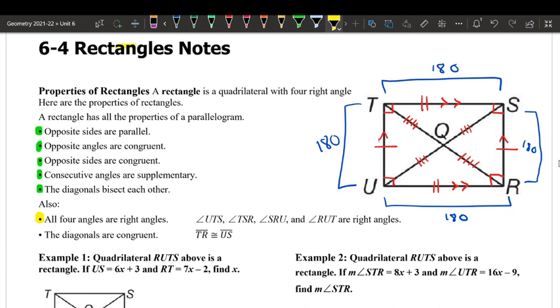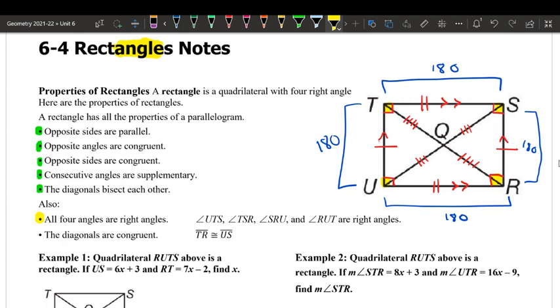A rectangle, angle. So it's a parallelogram with congruent angles. So if you take a 4-sided figure that's 360 degrees and you divide by 4 to get 4 angles, then each angle is going to be 90 degrees. So that's your first characteristic that is specific to a rectangle.